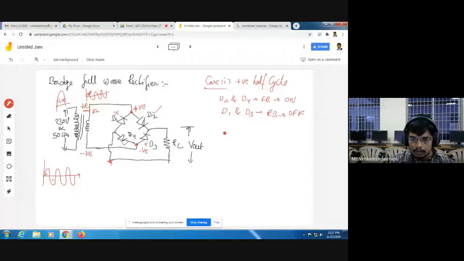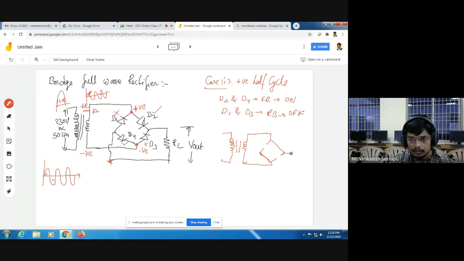It is a step down transformer. Now D2 and D4 are in on condition, and D1 and D3 are in off condition.